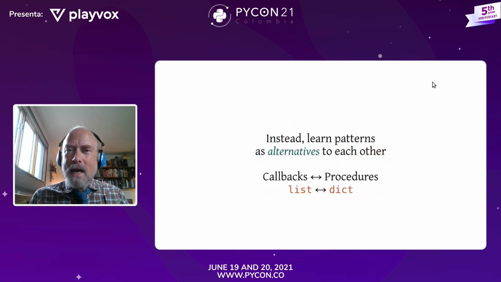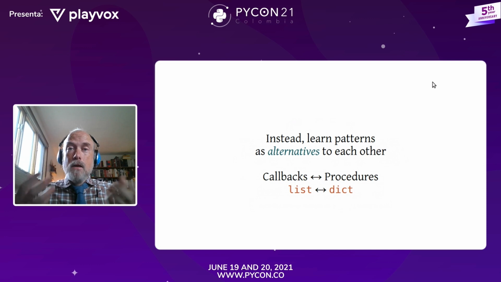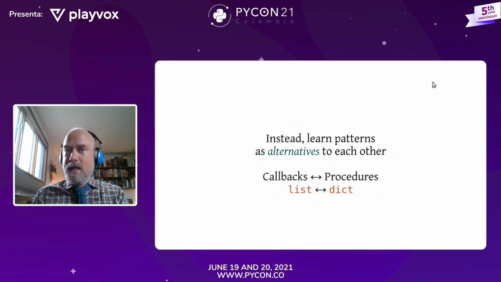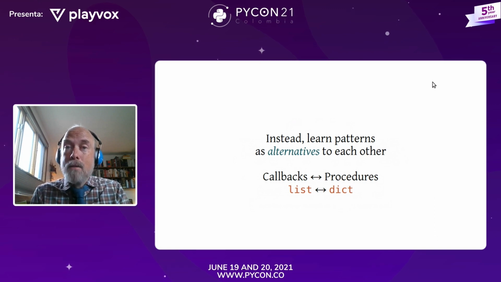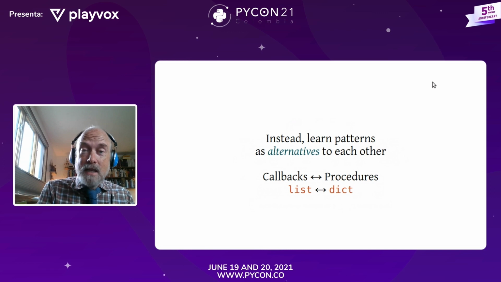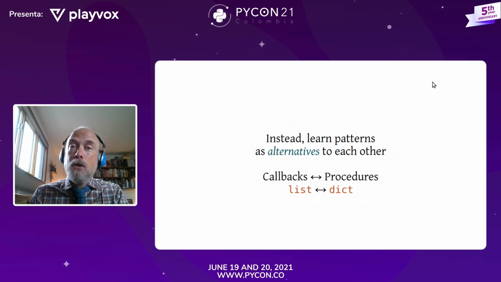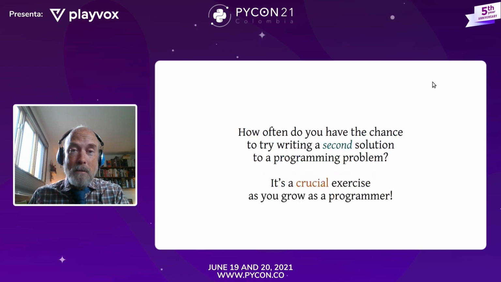Instead, try to learn patterns as alternatives to each other, whether they're big patterns, like do I use callbacks or plain procedures, or whether it's very simple patterns, like when a new Python programmer learns when to use a list versus when to use a dictionary. It's very useful to learn patterns as alternatives to each other.